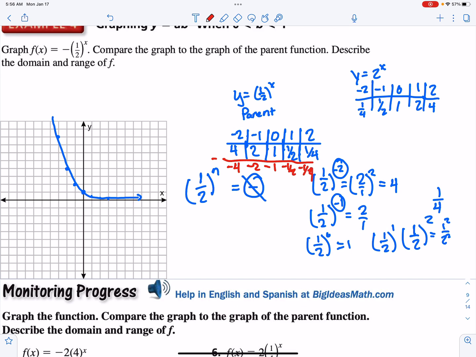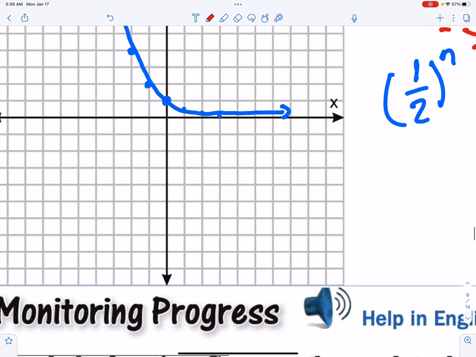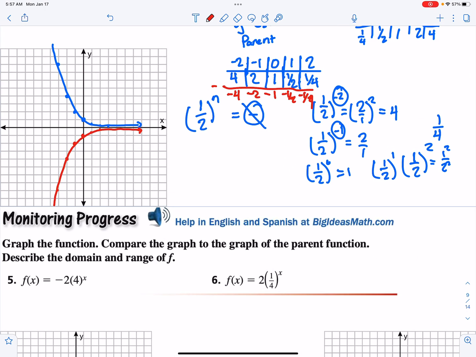So if I go and look at what that does to my graph, that negative sign flips it over my x-axis. And again, it will approach 0 but never really cross it. So those two images should be mirrors of each other, and that negative sign just makes it flip.